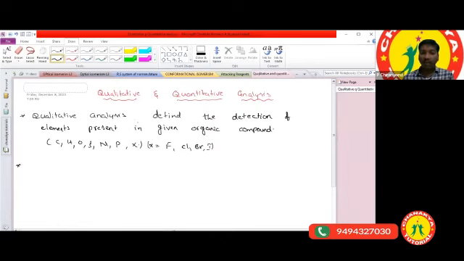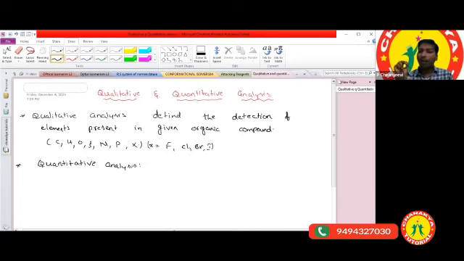What is meant by quantitative? It is in the name itself. Quantitative analysis is the process of estimation of the elements.